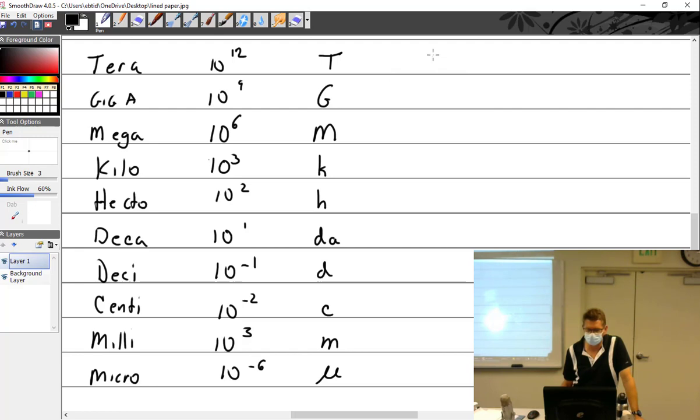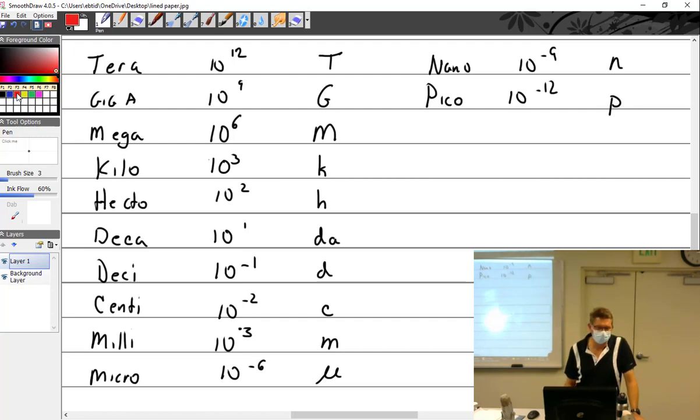Nano, 10 to the negative 9, is an n. And pico, 10 to the negative 12. That's where pico de gallo came from, which means very small gallo. And that is a lowercase p.